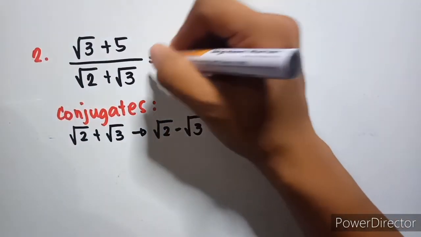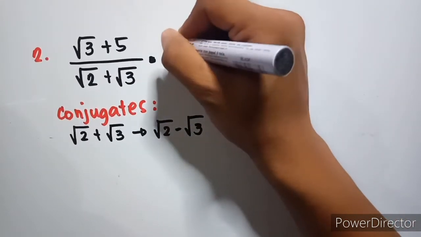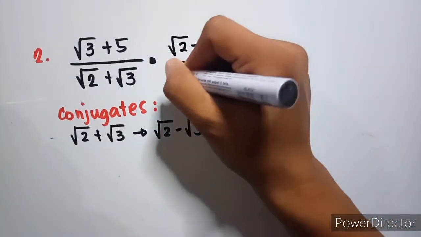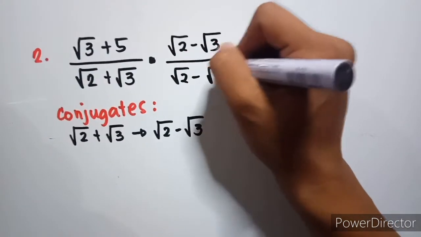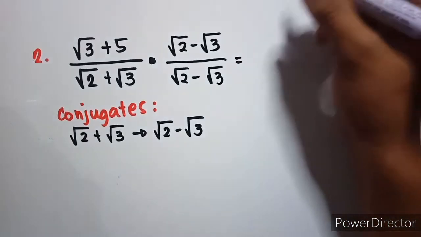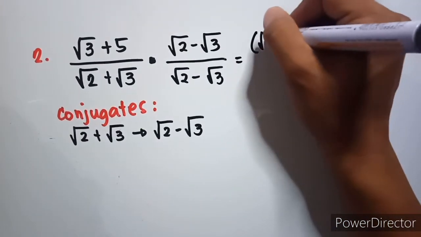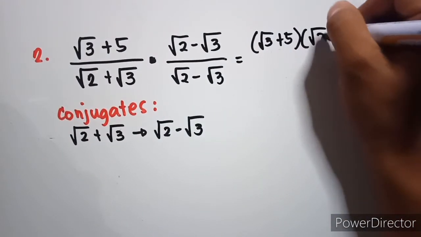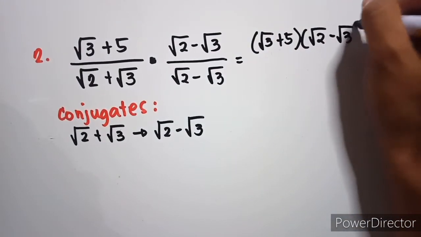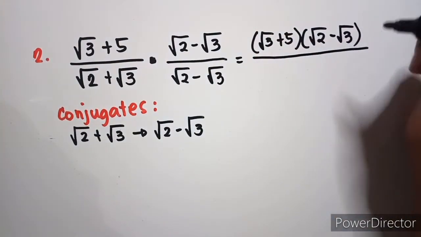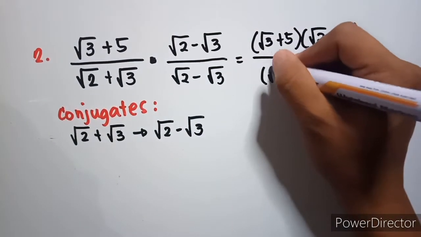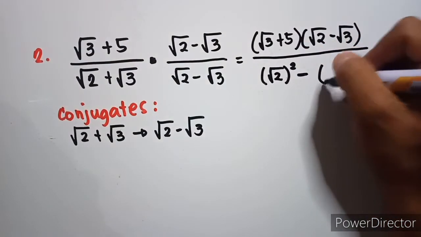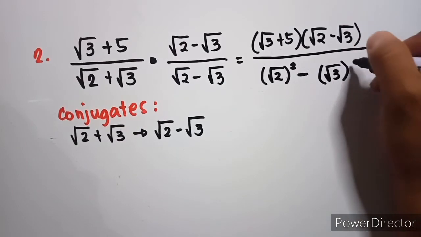So let's multiply by square root of 2 minus square root of 3 over square root of 2 minus square root of 3. So that is equal to square root of 3 plus 5 times square root of 2 minus square root of 3 all over. So our first term, square root of 2 squared minus, laging ganito, second term, square root of 3 squared.